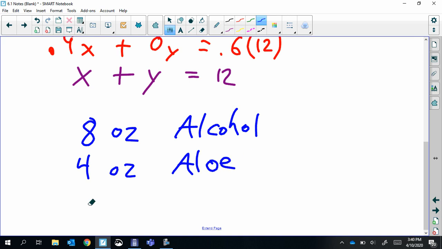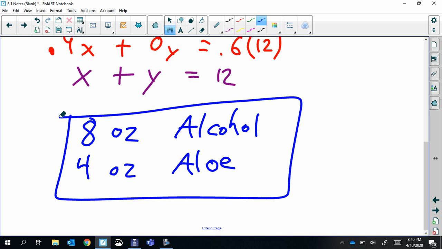And that's actually right in line with what you get if you Google this. It says do 2 parts of rubbing alcohol to 1 part aloe, because that's the ratio right there, is 2 to 1. That's what somebody did and shared that out.